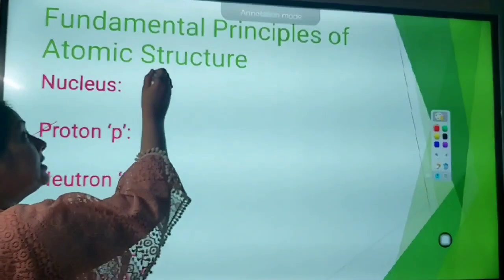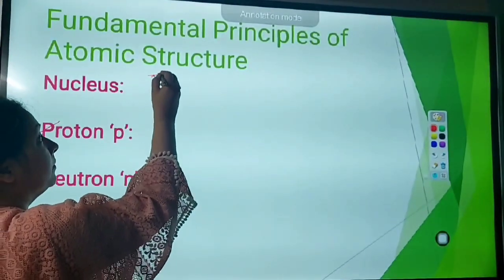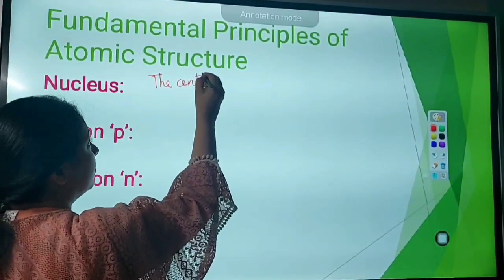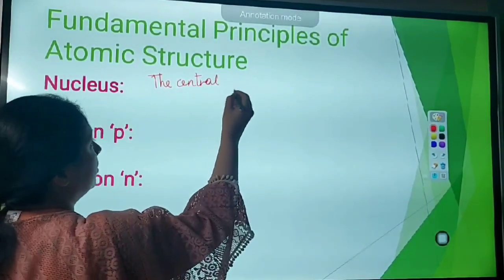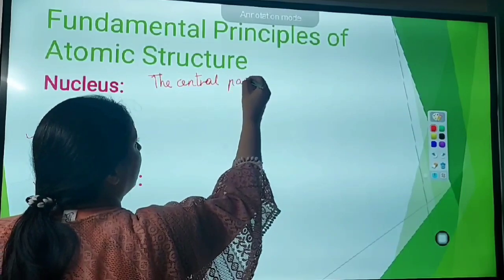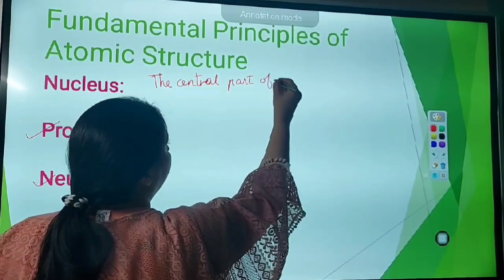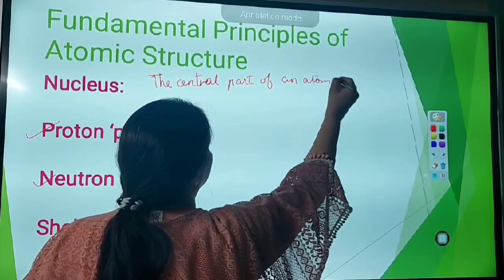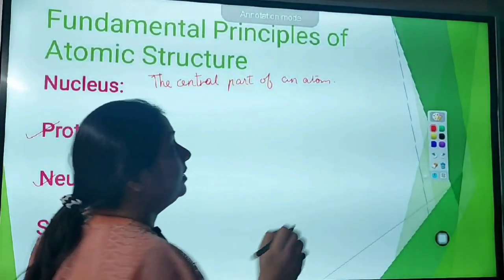So what is the nucleus? The center, or the central part of an atom. And what did I just state?